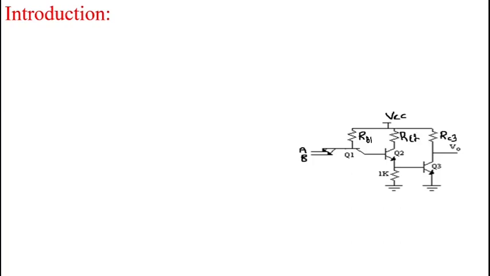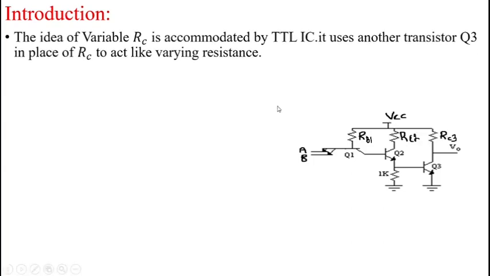Now we minimize the propagation delay of this TTL family by replacing the collector resistor RC3 with another transistor Q3. That combination we call the totem pole output structure. That is, the idea of variable RC is accommodated by the TTL IC.